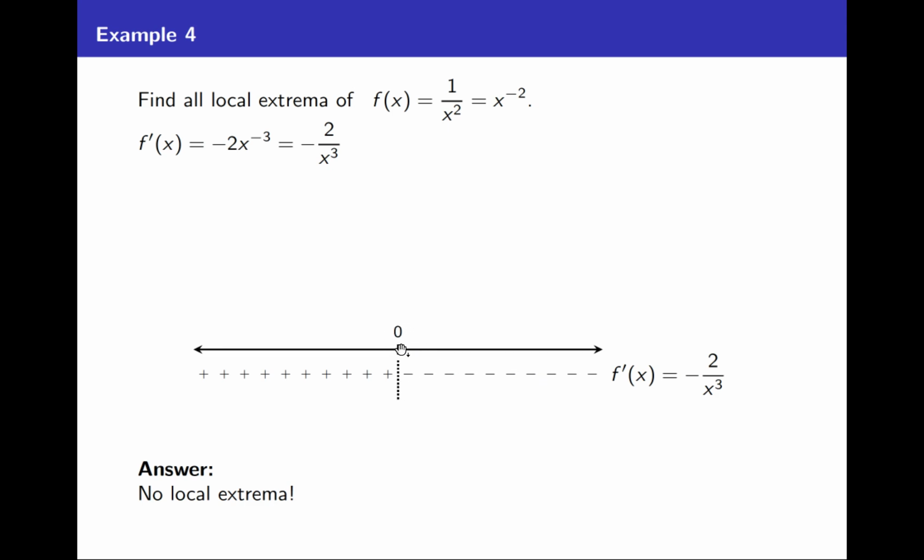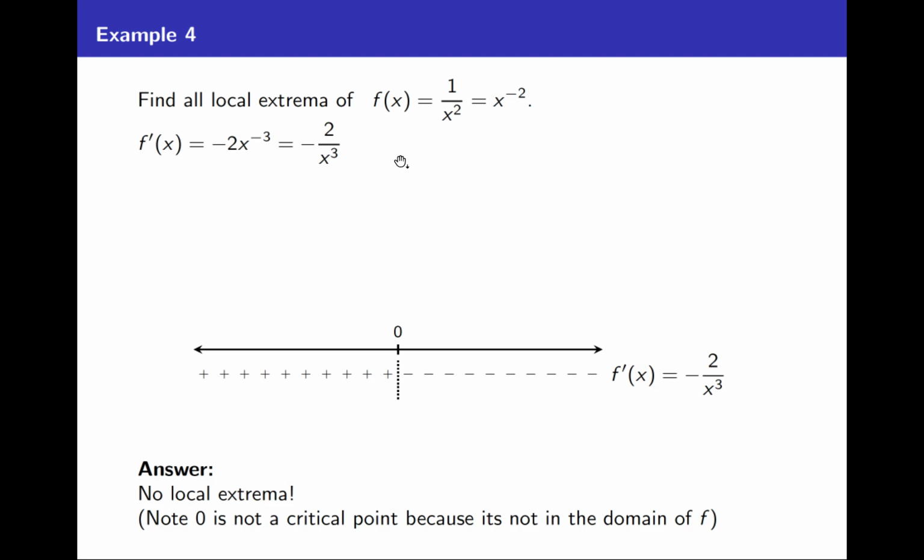That number 0, we never said it was a critical point. In fact, 0 is not even in the domain of f. So that 0 that was right there, it's not a critical point. It's not in the domain of f. Remember, a critical point has to be in the domain of your function, and 0 isn't. So no local extrema because we have no critical points for them to occur at.